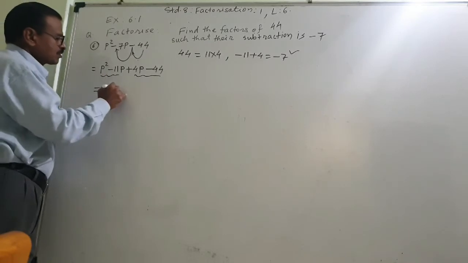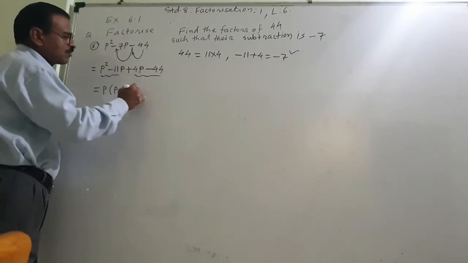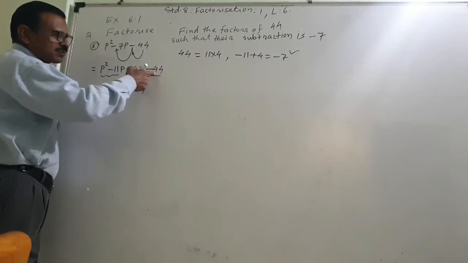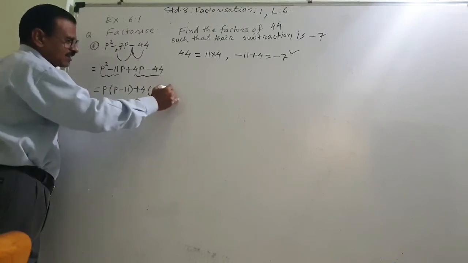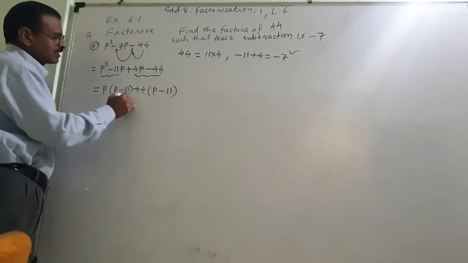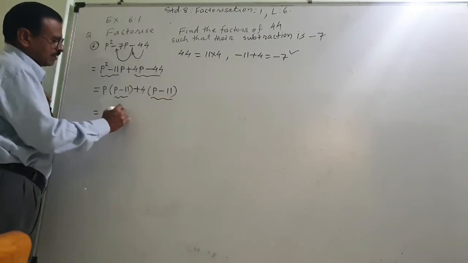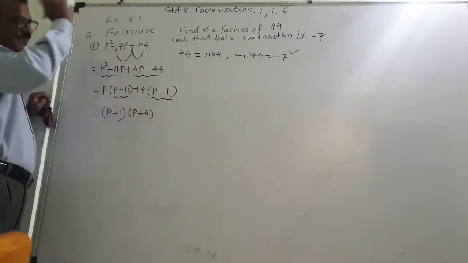P is common, so p will remain, minus 11. Here plus 4 is there, because this is 11 into 4. So 4 I can take common. So p remains, minus 4 elevens are 44. Now this is common. That is equal to p minus 11 into another bracket p plus 4, and these are the factors.